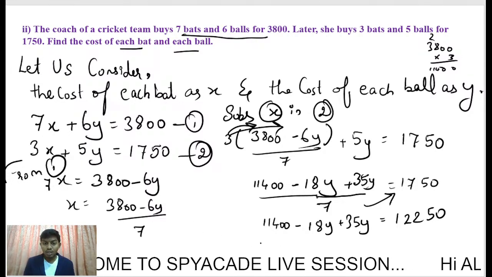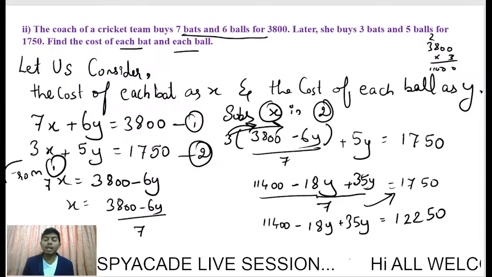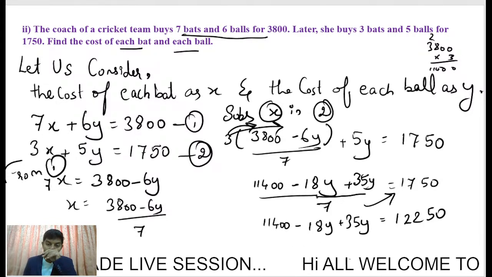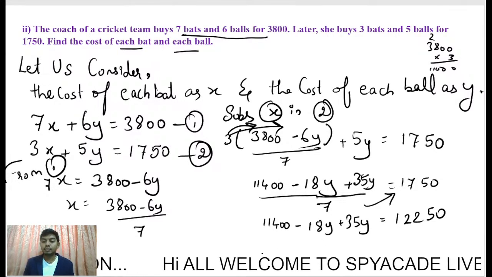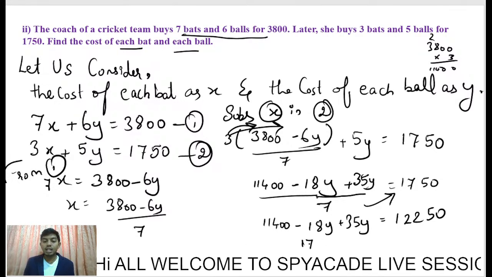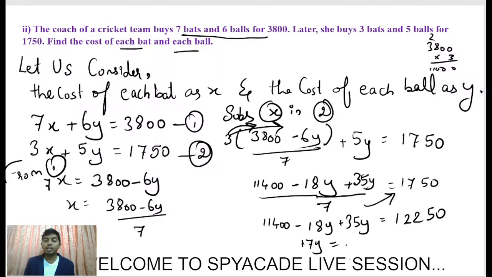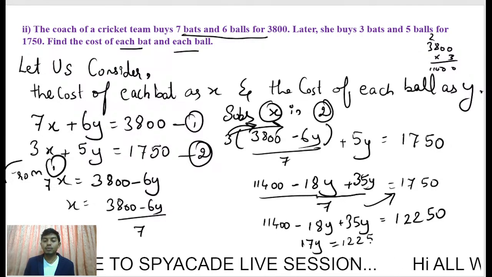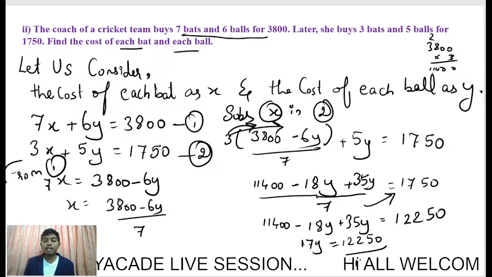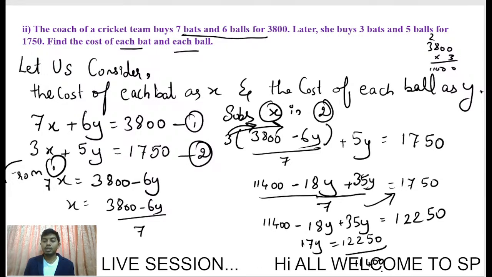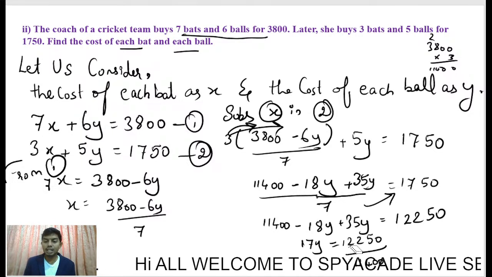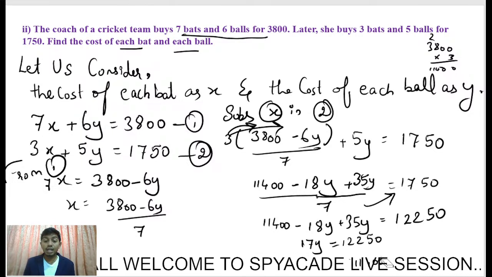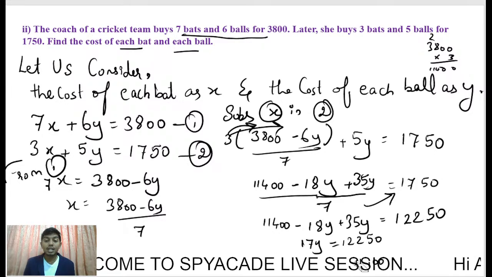Let us proceed now. So 11,400, let it be as such here, minus 18y plus 35y. It will become 17y is equal to 12,250 and 11,400. Is it division? No, it is going to be subtraction.